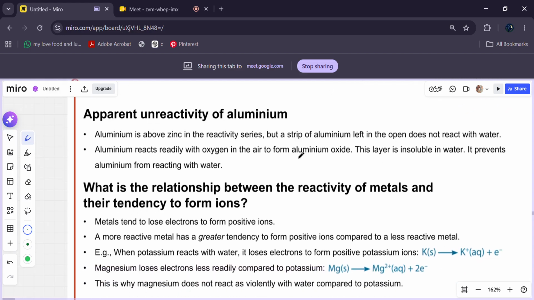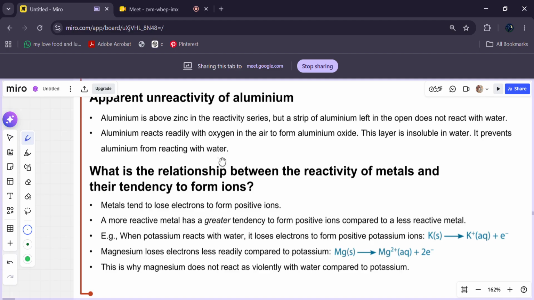So, what is the relationship between the reactivity of metals and their tendency to form ions? In chapter 4, we learned that metals tend to lose electrons to form positive ions. The reactivity of a metal is related to its tendency to form positive ions. A more reactive metal has a greater tendency to form positive ions compared to less reactive metals.